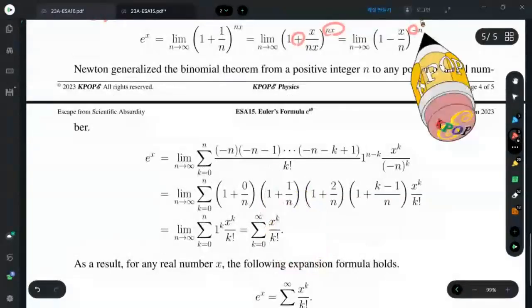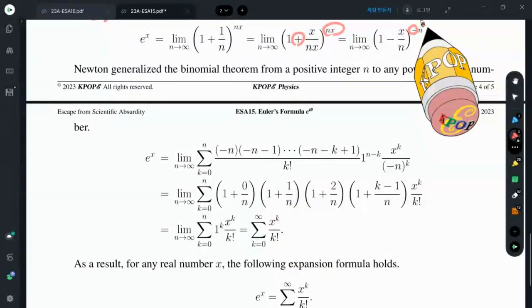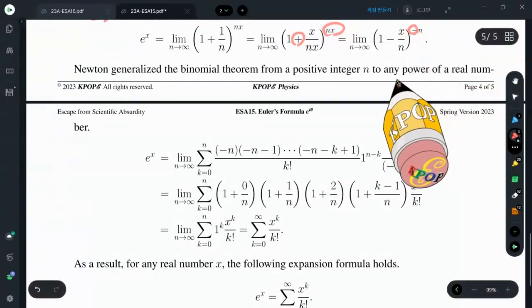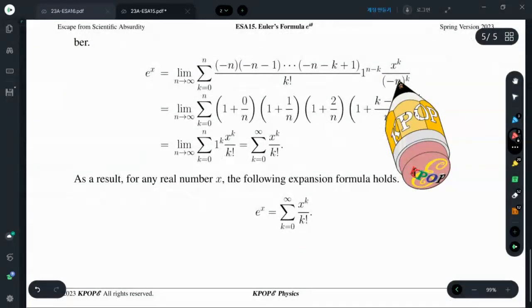However, if it is in general not an integer, then this method does not work, and we have to make use of the generalized binomial expansion developed by Newton for any real power.